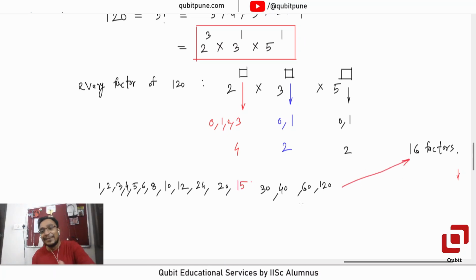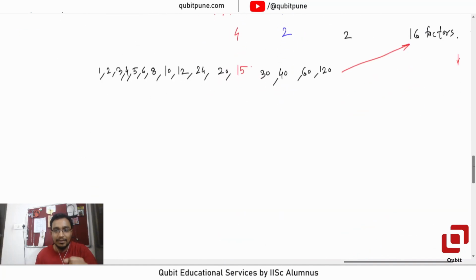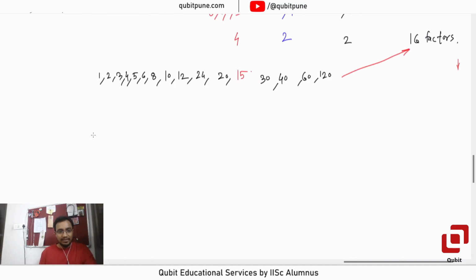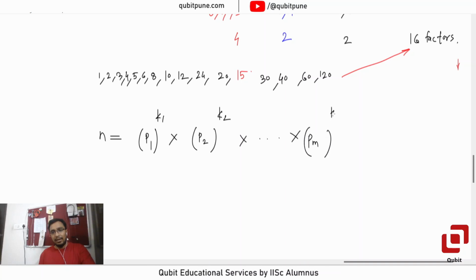And now you understood how complicated it can be even if we miss one of these factors. So it's better to have a systematic way. So let's say the given natural number n is factorized into primes. Suppose it has p1 raised to k1, p2 raised to k2, and suppose it has pm raised to km.